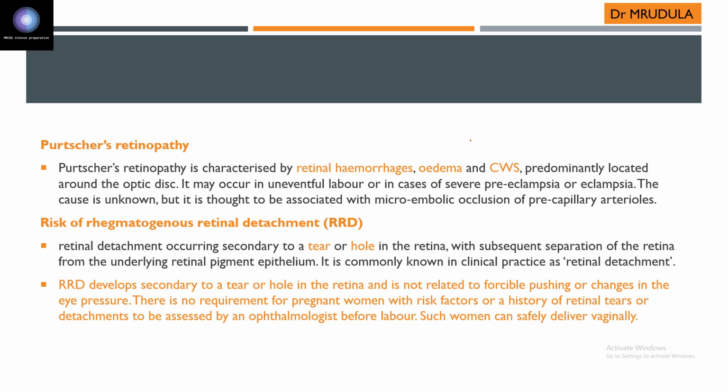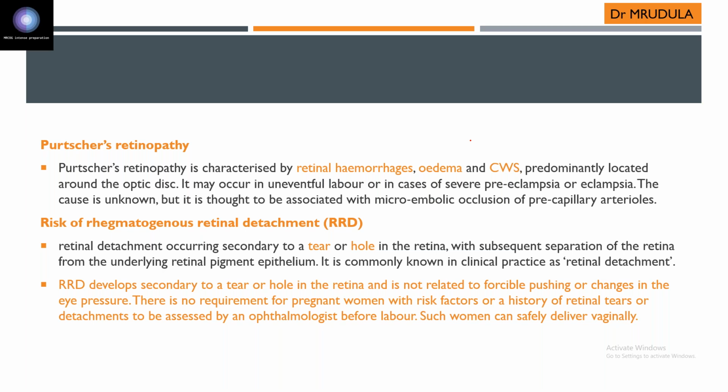Okay, so it is not related to forceful pushing or changes in the eye pressure. Previously, obstetricians used to believe that forceful labor or prolonged straining causes this RRD. But now the evidence shows that labor or prolonged straining is not responsible for RRD, but it is because of an underlying tear or hole in the retina.